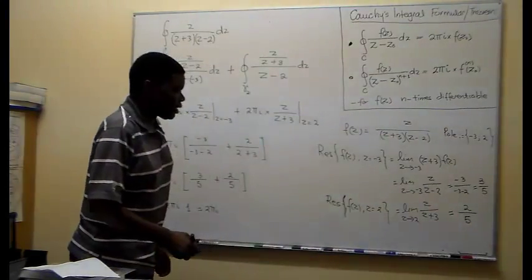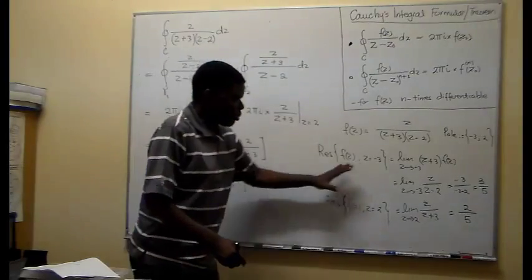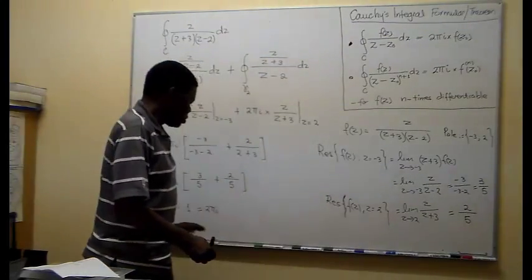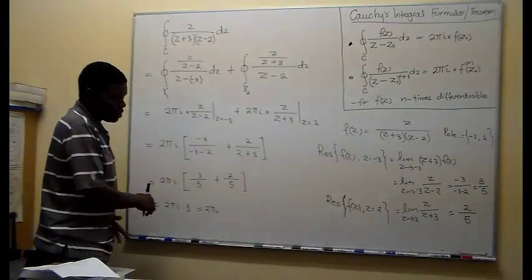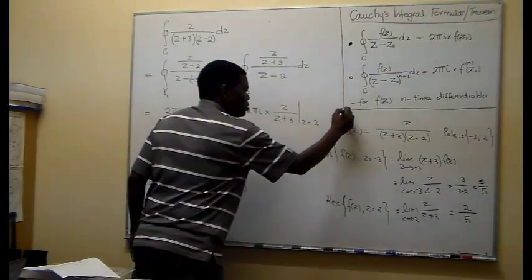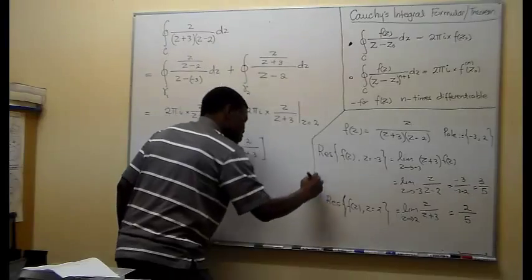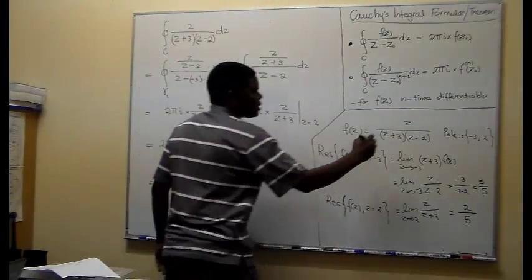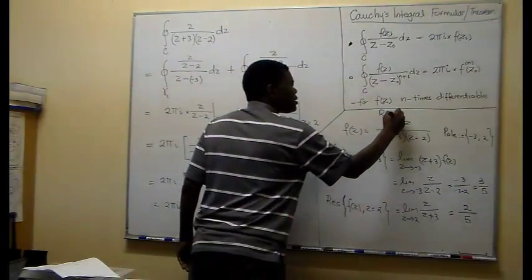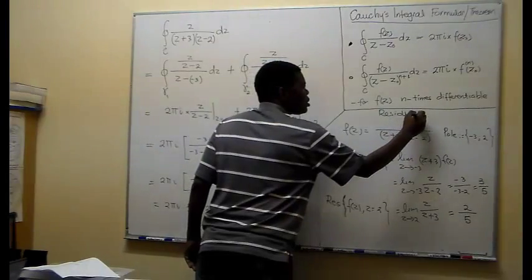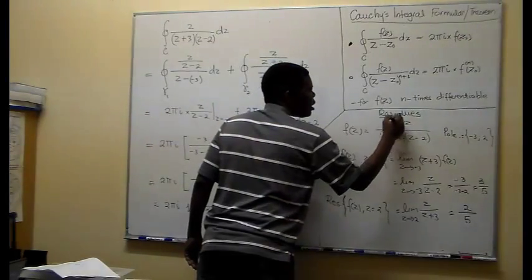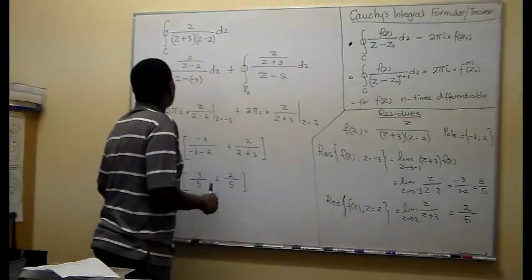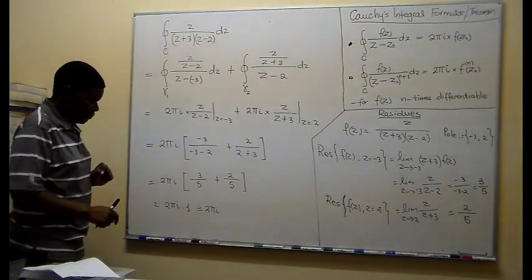Now, what we've done here, we want to compare what we've got here with the results we got on this side. So let me just draw a kind of divider here. What we're calculating here are actually residues of the function which is being integrated in the integral sign there.